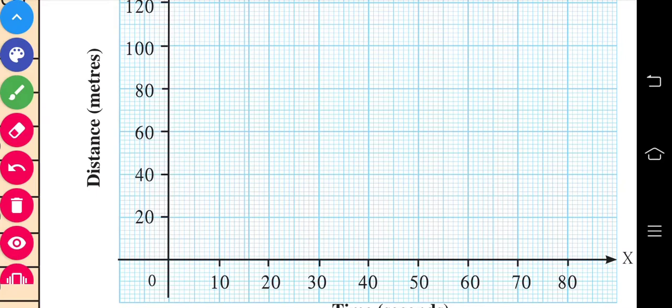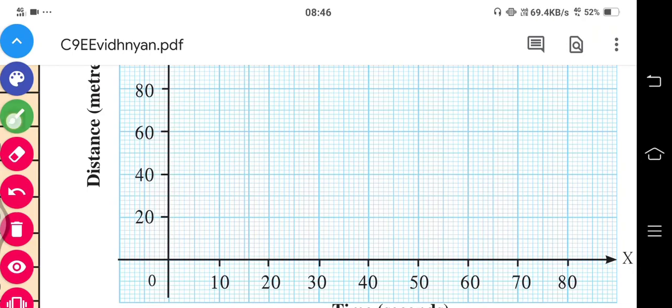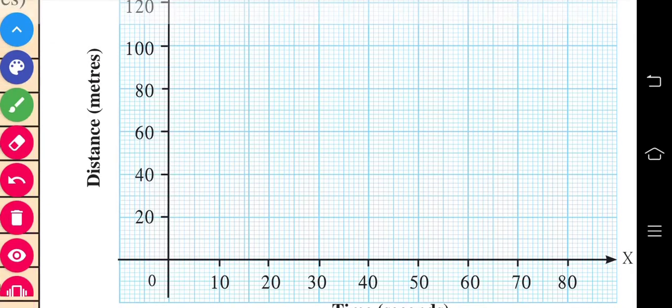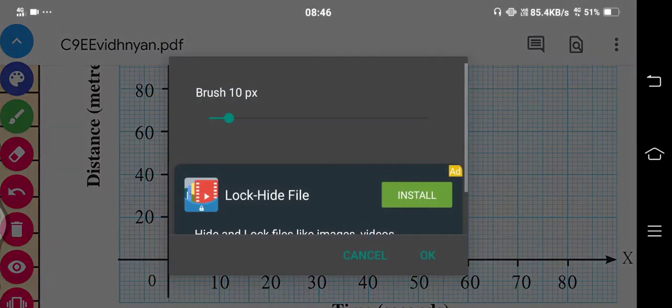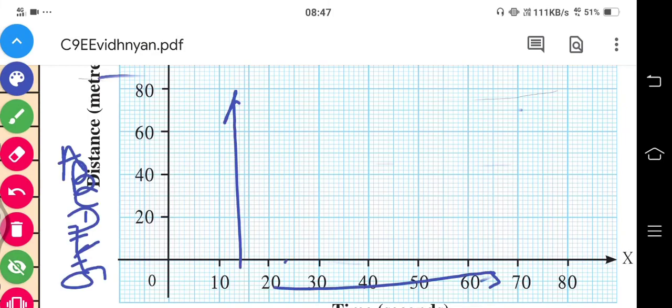So here is 10 and here is 15. The time is 10 seconds and the distance is 15 meters. So 15 is approximately here, and there will be a point here approximately. Drawing it is a bit difficult in calculation.